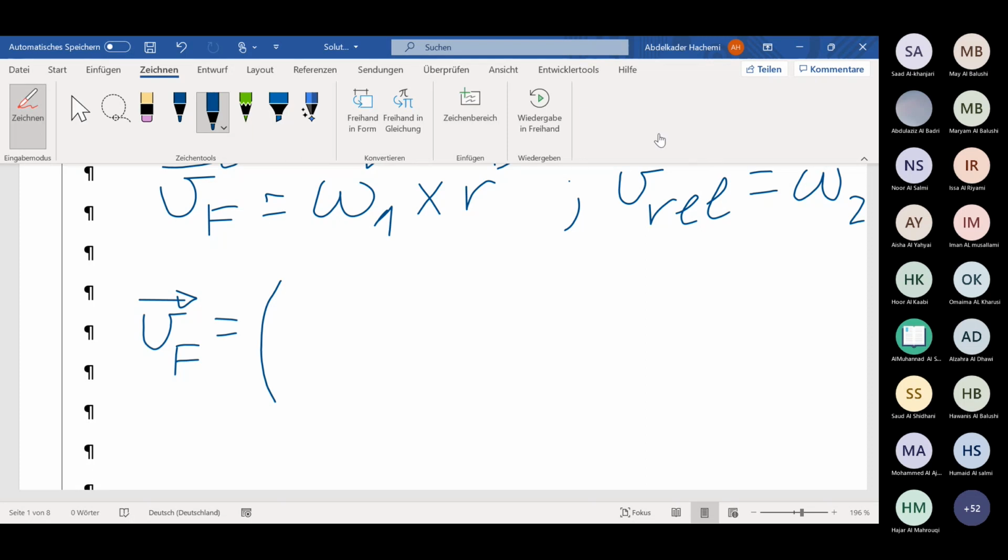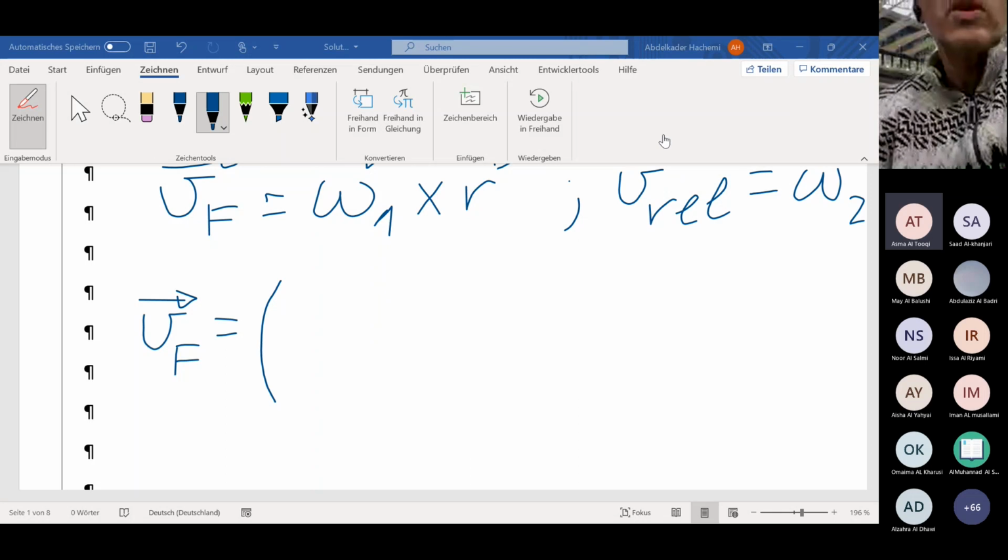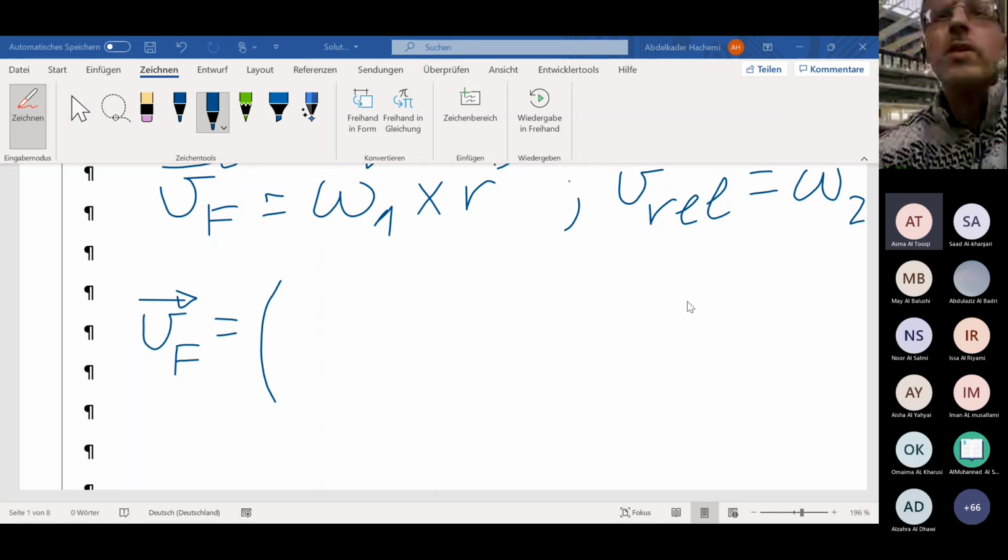If I show myself, you should have done this in mechanics 1 when you calculate the moment of any system. We have the vector omega rotating like this.